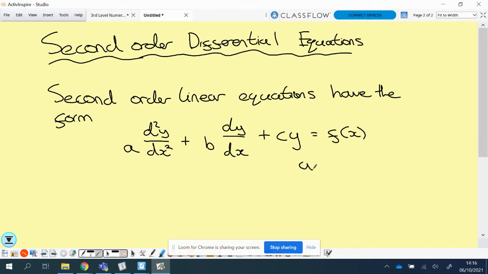Okay, and a, b, and c are just constants. So they're constant values in front of each term.